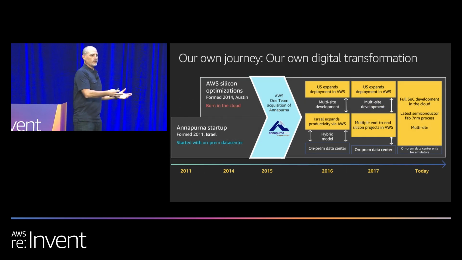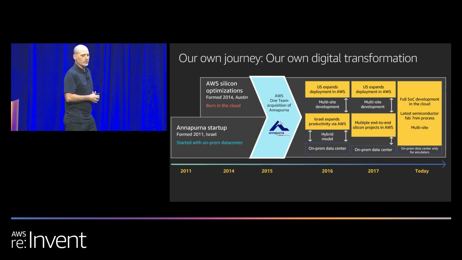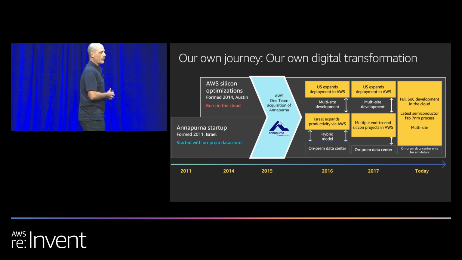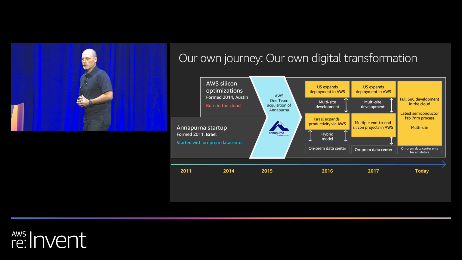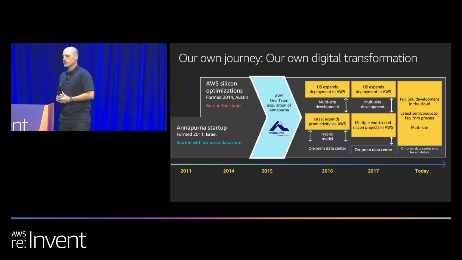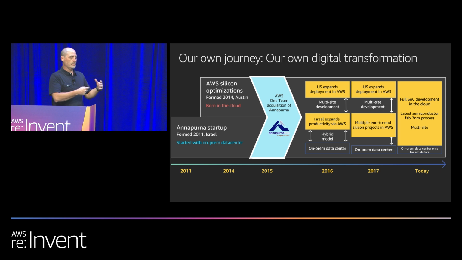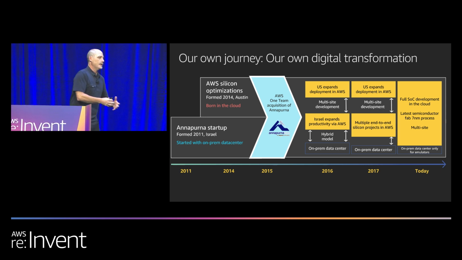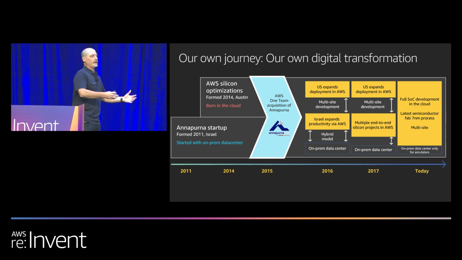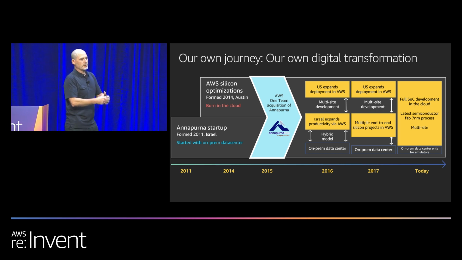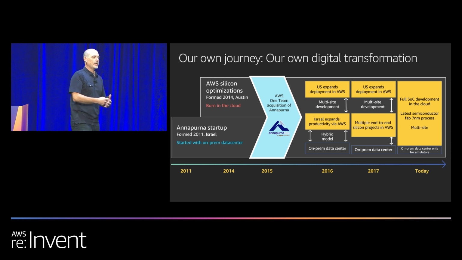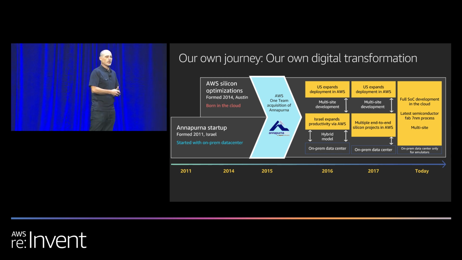And so most of you in the room are probably familiar with Annapurna and Annapurna Labs, but this is a little bit about the journey that we had, right? So when we started our silicon teams before the acquisition of Annapurna, those teams went to their managers and they said, I need this many servers, I need 500 servers, I need this much data, I need this many top-of-rack switches, I need this many racks, whatever the case is.